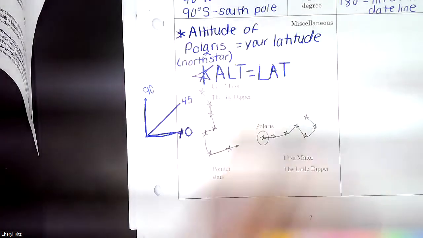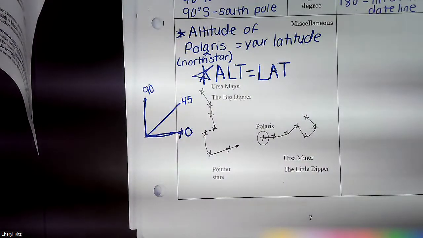So I know in geometry, they make you know a whole bunch of other stuff and use a protractor to actually measure these. We're not getting that fancy. As long as you know straight up 90, straight out 0, halfway is 45.